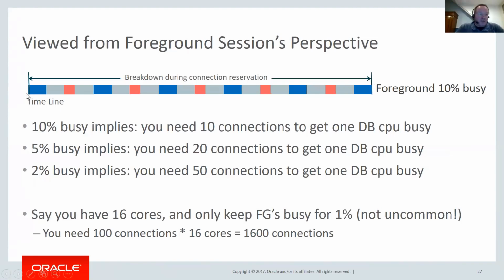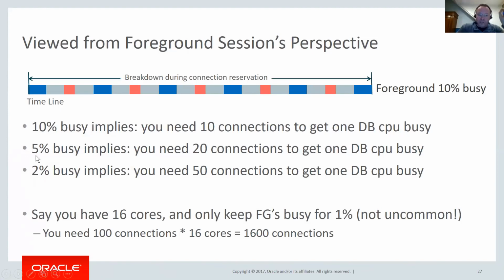Maybe it's spending 10 milliseconds here, but I only have 5 times 2 milliseconds doing SQL statements, and all the other time the foreground process is just waiting for the next database call to arrive. But if your foreground process is 10% busy, that implies that you need 10 connections, 10 times 10%, to get one database CPU busy.